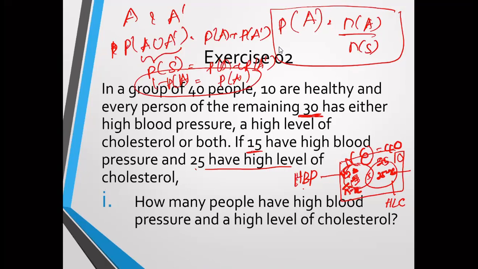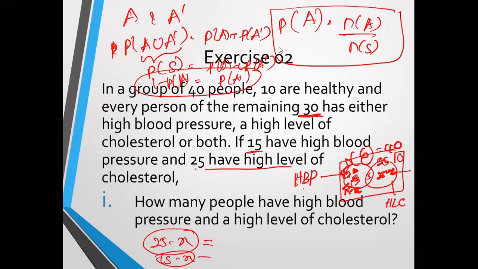Now tell me, what do you mean by this 25 minus X and 15 minus X? 25 minus X is the people who have cholesterol only. They do not have high blood pressure, right? They have cholesterol only. 15 minus X means the people who have high blood pressure only.